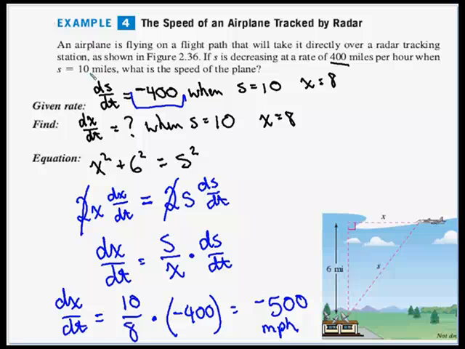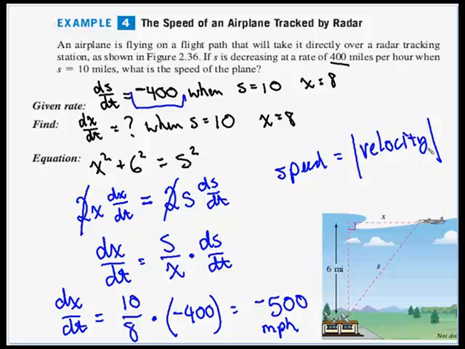So is that the answer? Is the speed of the airplane negative 500 miles per hour? No, that doesn't make any sense. The velocity is negative 500 miles per hour, but speed is equal to the absolute value of velocity.